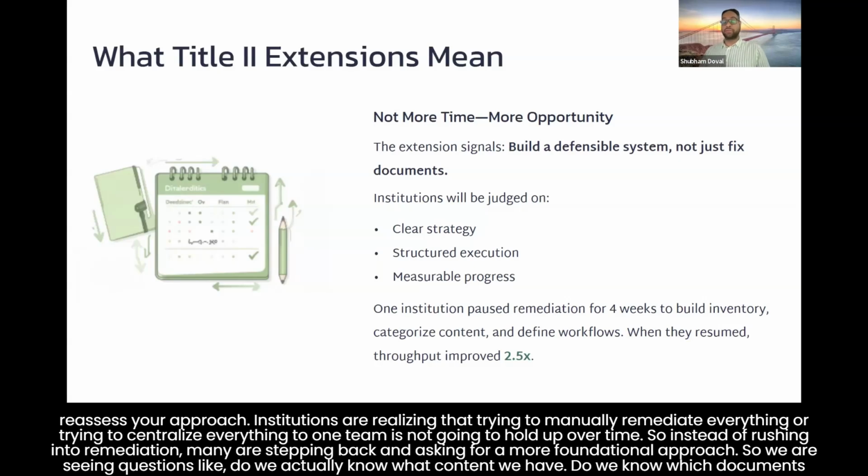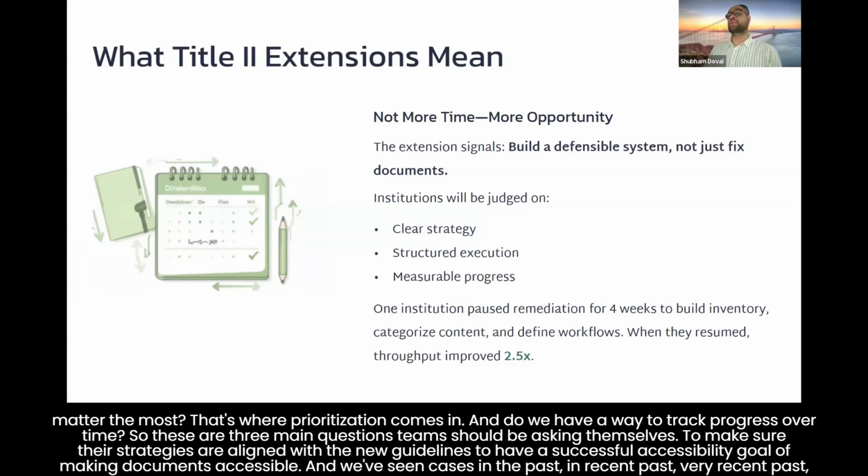Do we know which documents matter the most? That's where prioritization comes in. And do we have a way to track progress over time? These are three main questions teams should be asking themselves to make sure their strategies are aligned with the new guidelines and lead to a successful accessibility goal of making documents accessible.